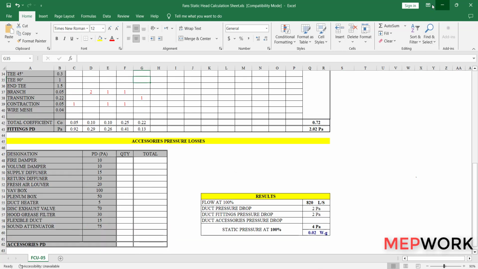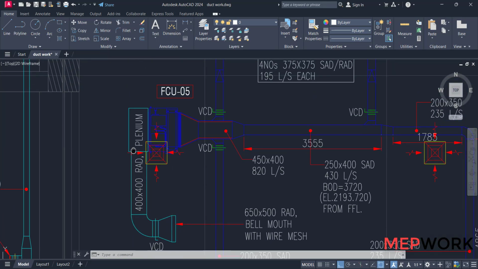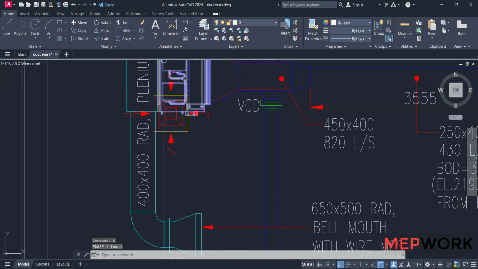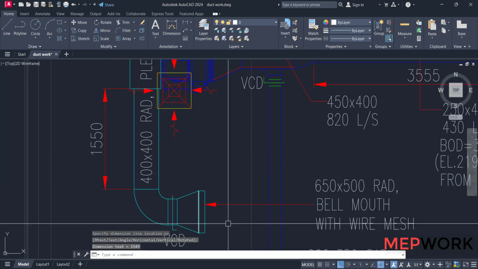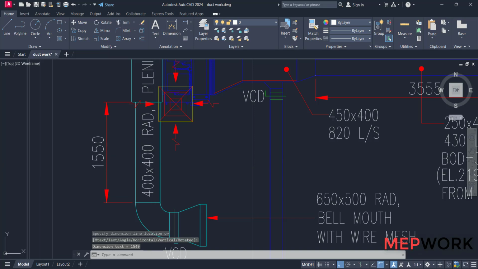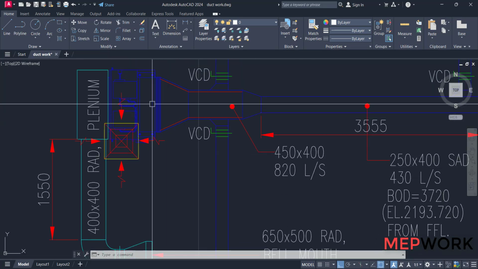The second step is to add the return duct to the duct pressure losses. We will start with this duct, 400 times 400, and the flow will be the total flow of this unit.